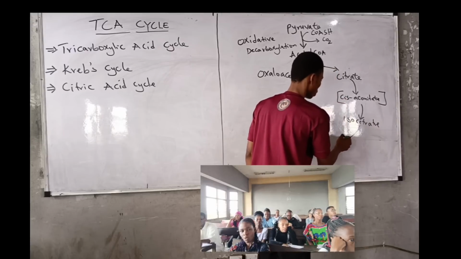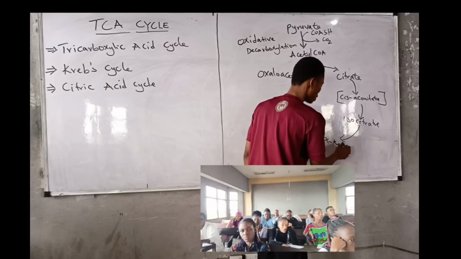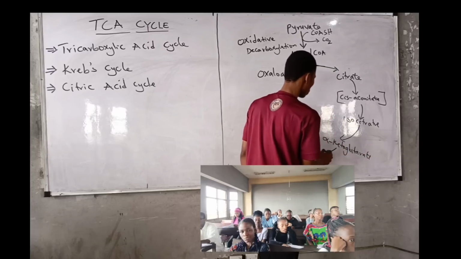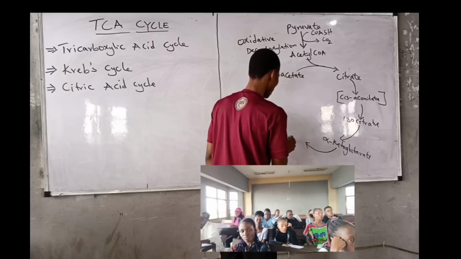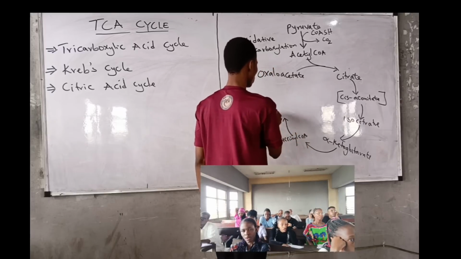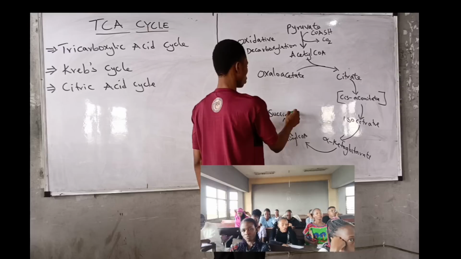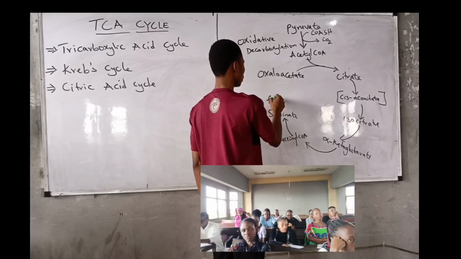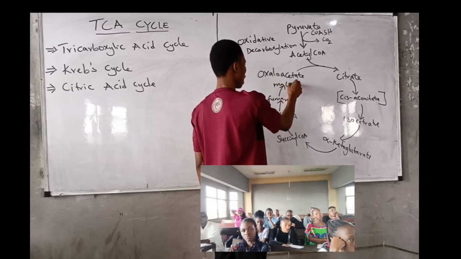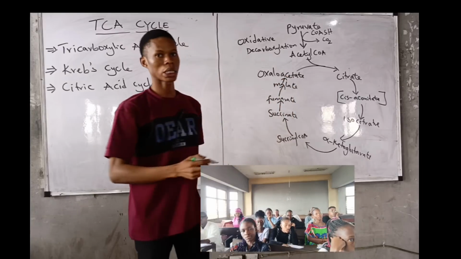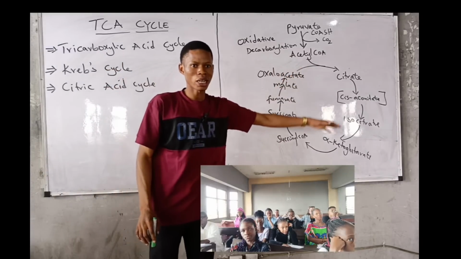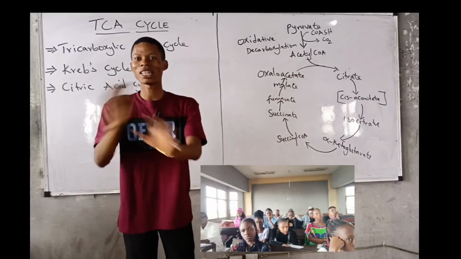From isocitrate to alpha-ketoglutarate. From alpha-ketoglutarate to succinyl-CoA. From succinyl-CoA to what? Succinate. Succinate to what? Fumarate. Fumarate to what? Malate. And malate back to oxaloacetate. This is the TCA cycle. We just have to put the enzymes and the reducing equivalents, and that's all.